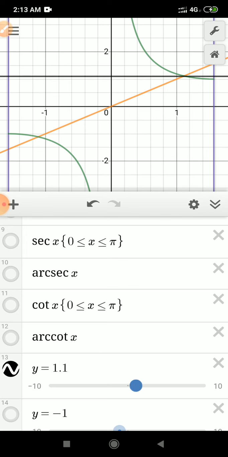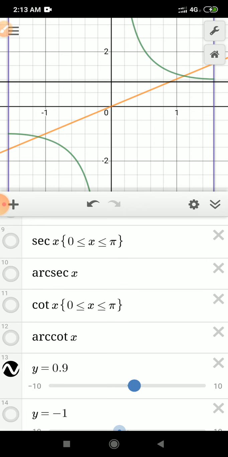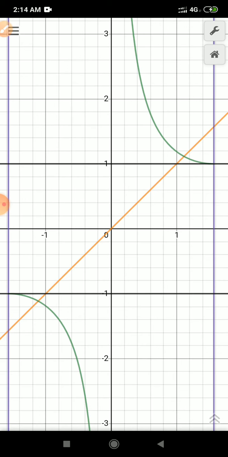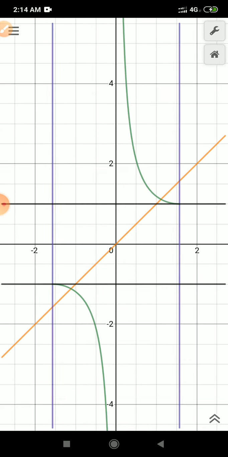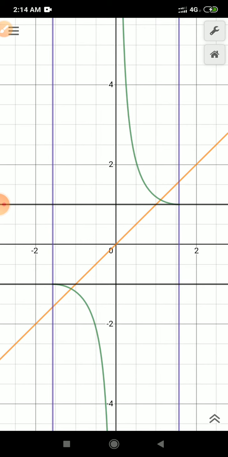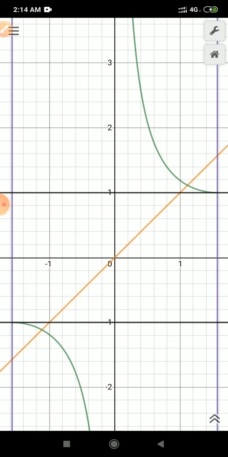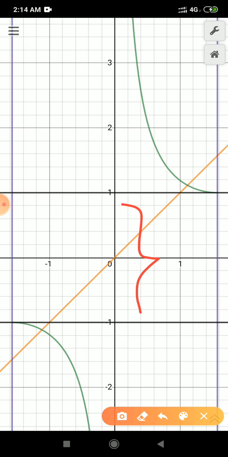y equals to 1 and y equals to minus 1, we can see that the graph has as its range the whole set of real numbers except the part minus 1 to 1, because for this part the function doesn't have a trace.